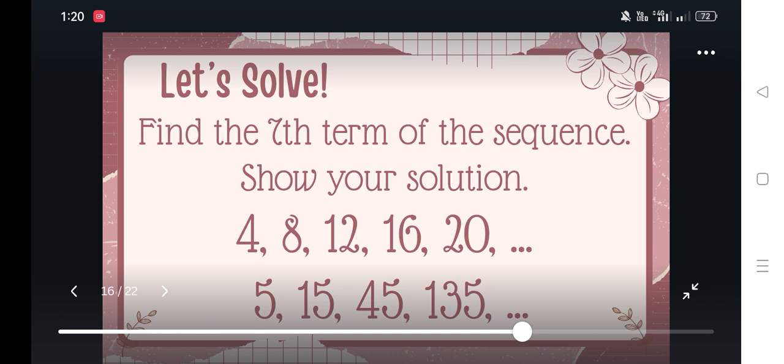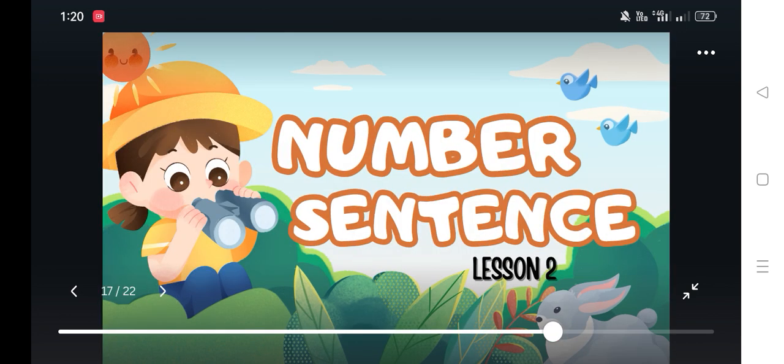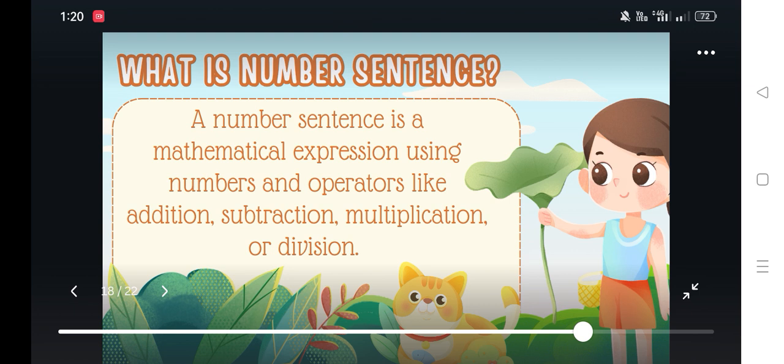Very good. Let's proceed with our next lesson, which is the number sentence. This lesson is really simple. When we say number sentence, a number sentence is a mathematical expression using numbers and operators or operations like addition, subtraction, multiplication, or division.